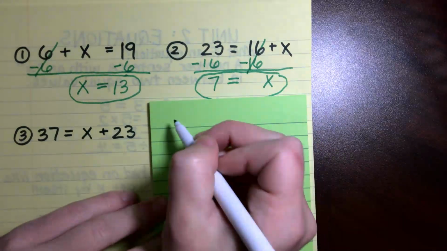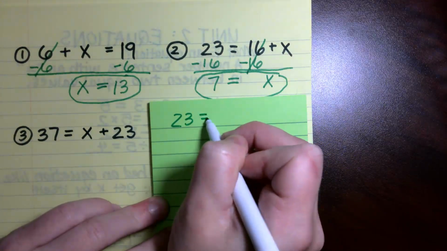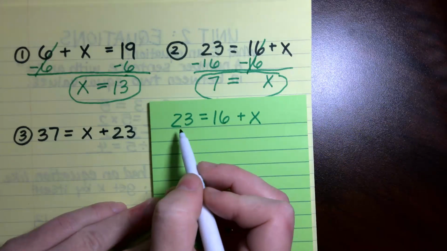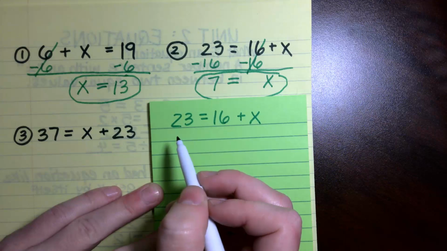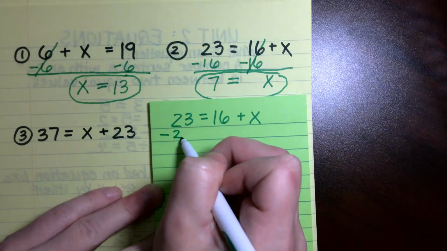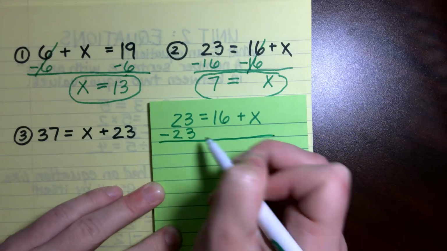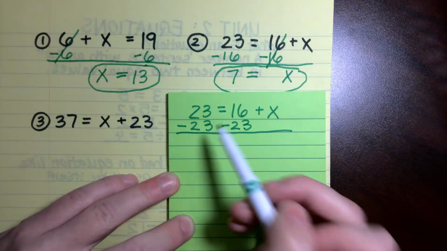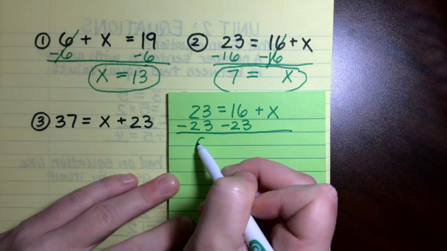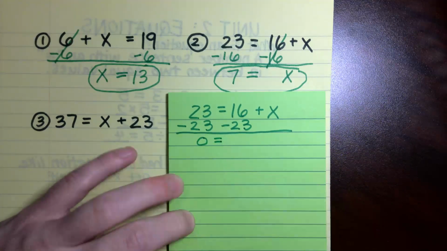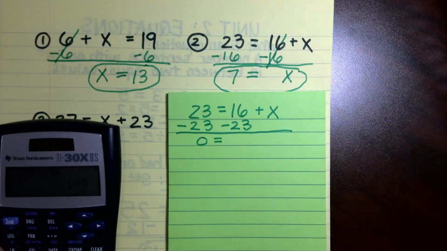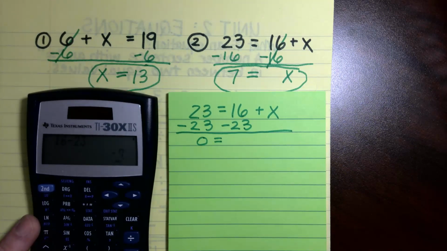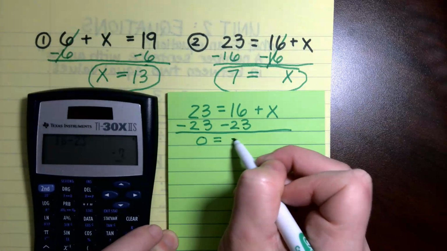If I started with 23 equals 16 plus x, and subtracted 23 from both sides, my 23 minus 23 is going to give us 0, equals, and then 16 minus 23, that's negative 7.